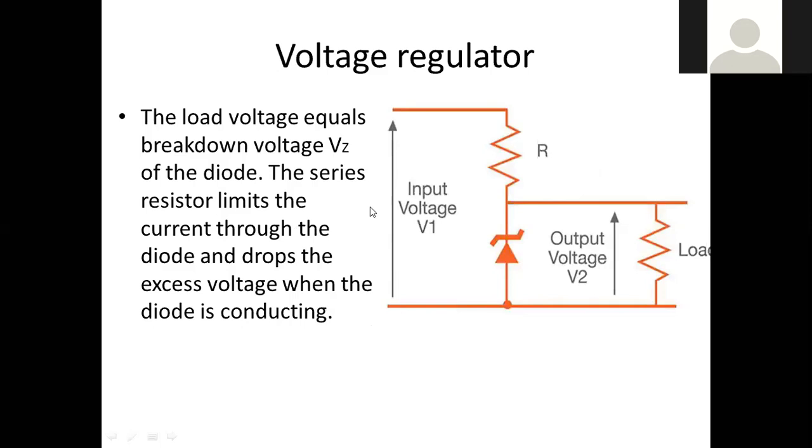A lot of current flows through it, and a potential difference is created across the resistor, so the output voltage is equivalent to the Zener voltage. This protects the load: if the voltage goes beyond the Zener voltage, the excess current flows through the resistor.